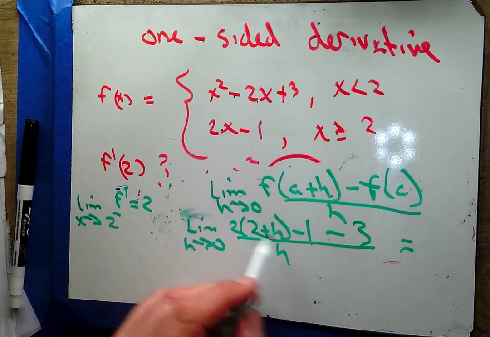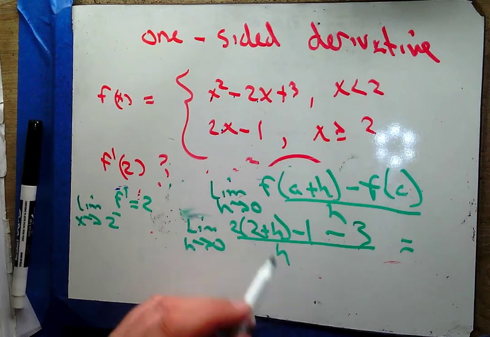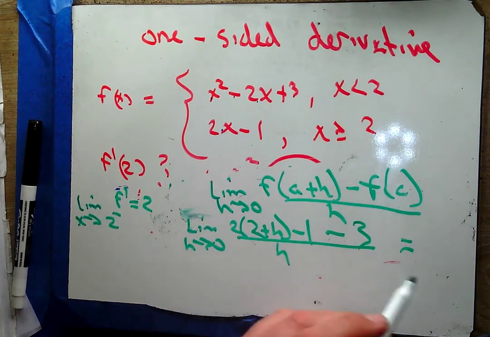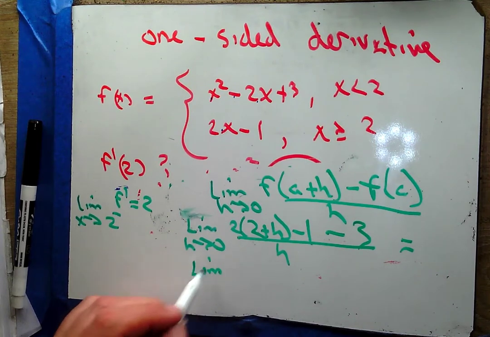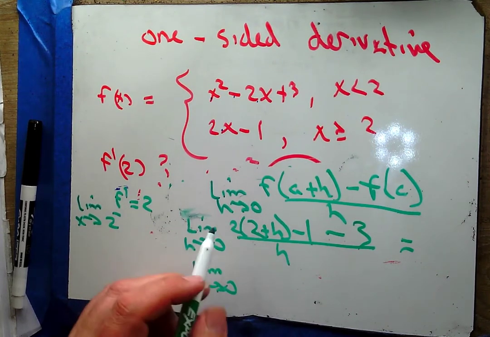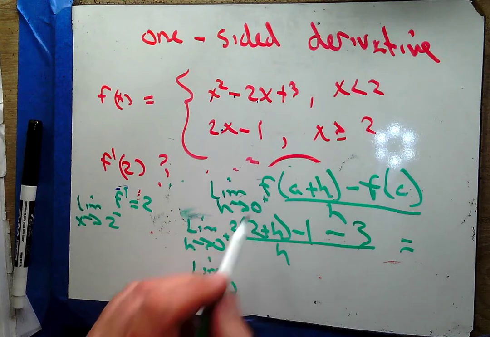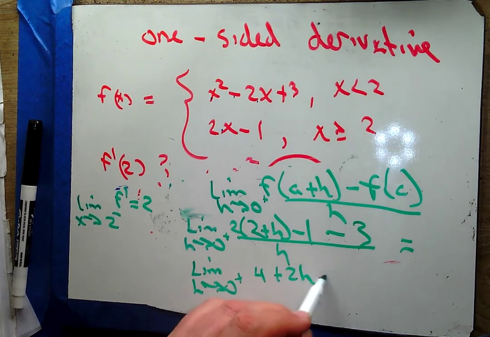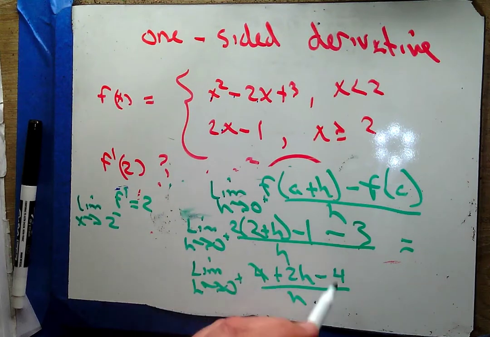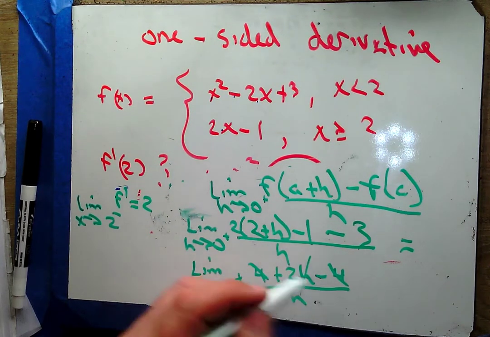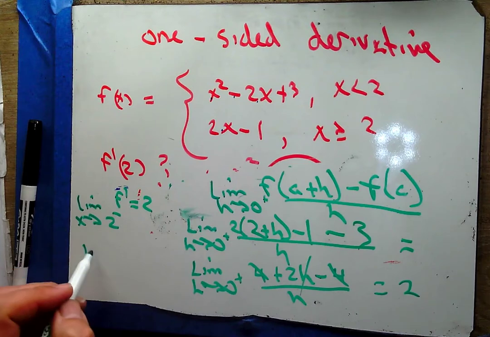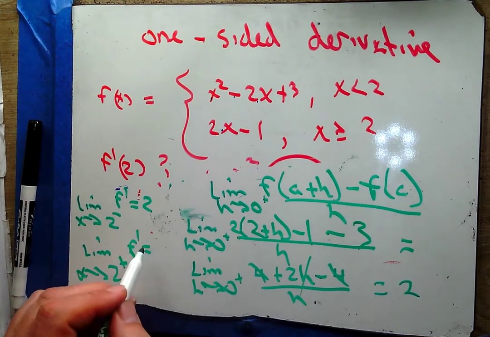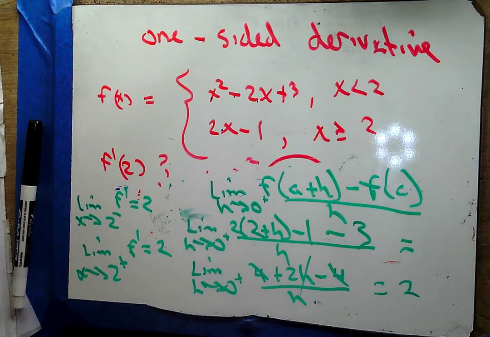That gives me plus 4, minus 4, those cancel. And then I have 2h over h, and so I end up with 2. It's the limit as h heads to 0 from the positive of 4 plus 2h minus 4 over h. So those cancel, and I get 2. The limit as x approaches 2 from the positive side of f prime is also equal to 2.